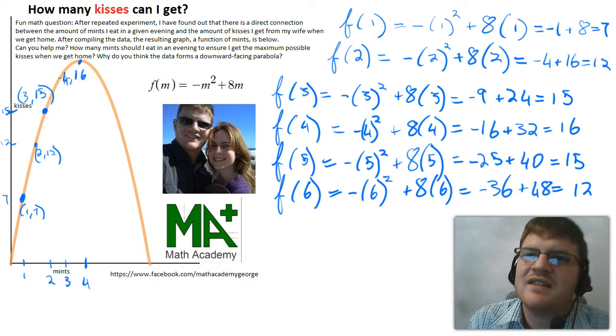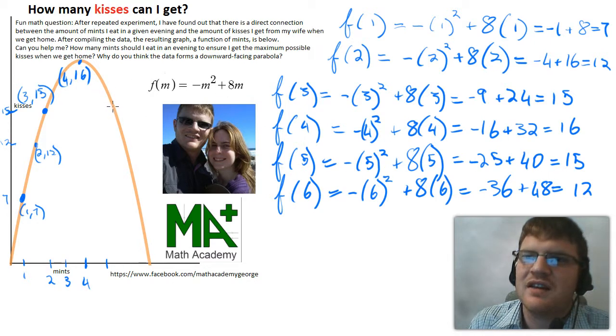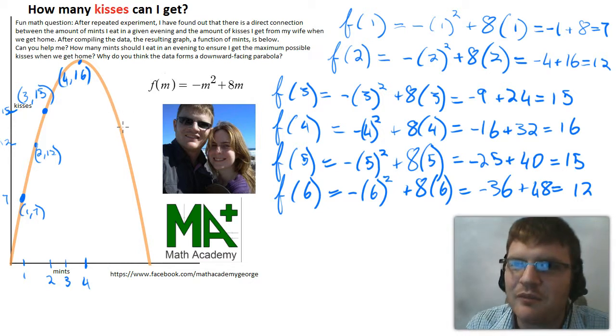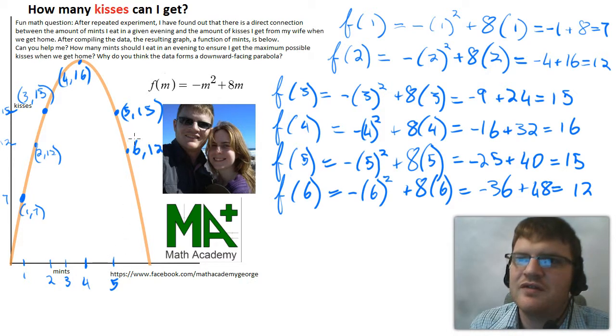So 4 on the x-axis gives me 16. But now if I eat 5 mints, I get 15 kisses again. Let me line this up for you. 5 mints is also 15 kisses. And then we said that 6 mints is 12 kisses.